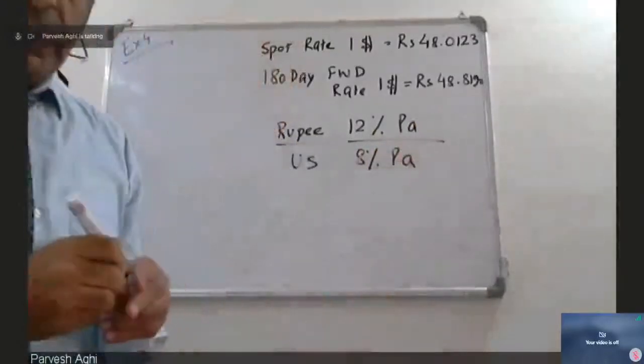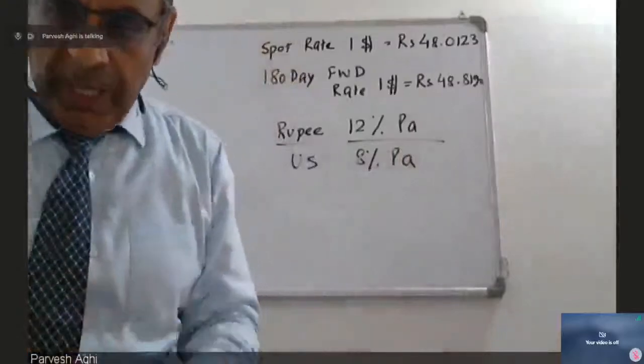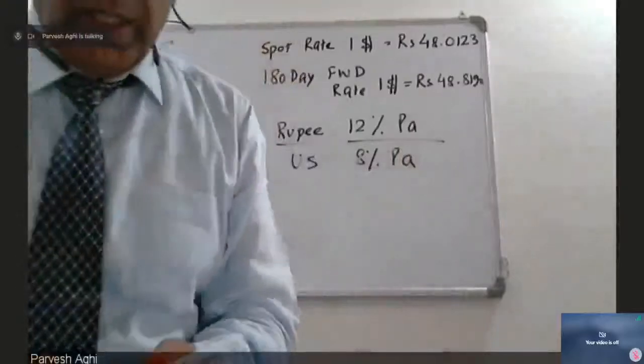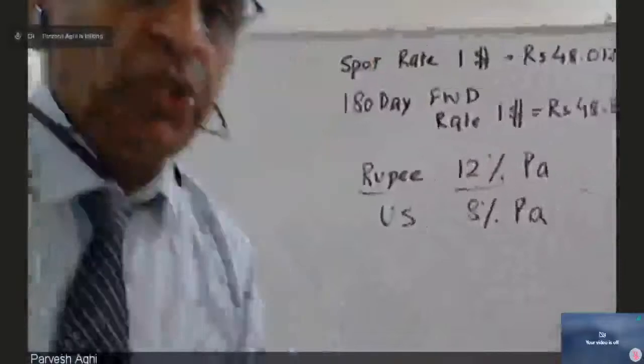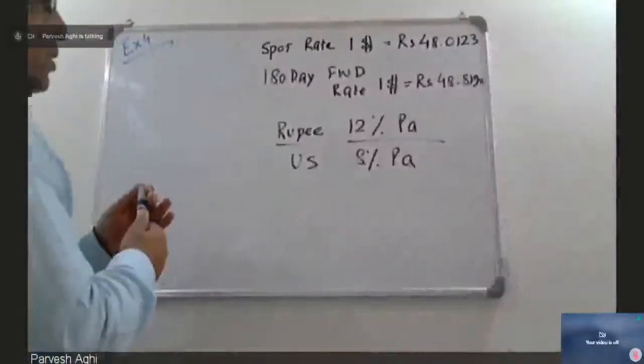This small information is given to you, and you have to work out whether there is any arbitrage possible. Please explain the logic to find out the route for arbitrage gain. I'll explain that while I explain the question.